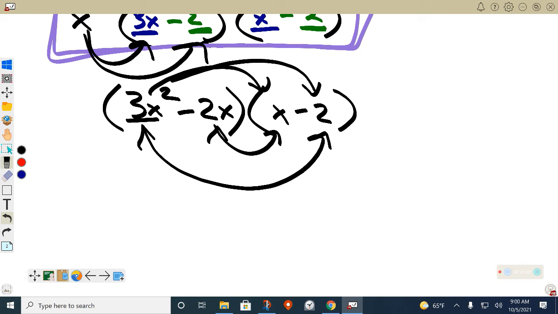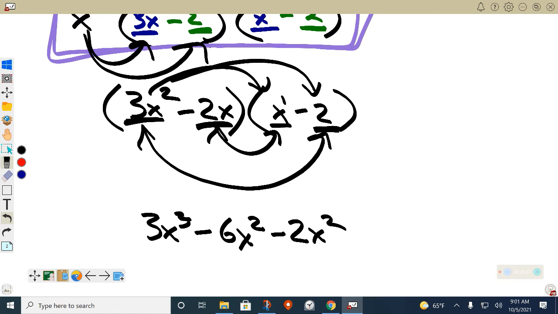3x times x is a 3x squared. 3x squared times a -2 is a -6x. Actually, this is 6x to the third, my bad. Because look, x squared times x to the first is x to the third. 3x squared times a negative 2 is going to be a negative 6x squared. And then I got a negative 2 times an x, which is going to be a negative 2x squared. And then negative 2x times a negative 2 is going to be a positive 4x.